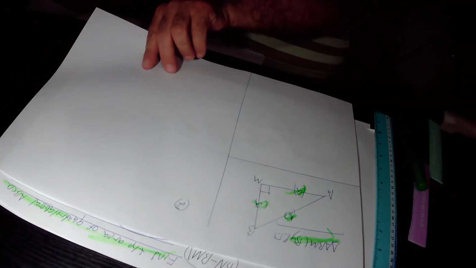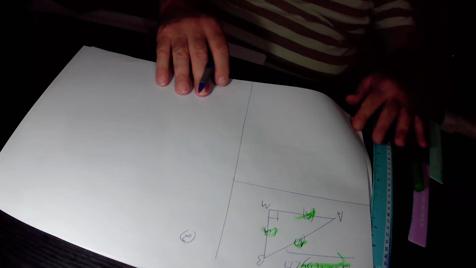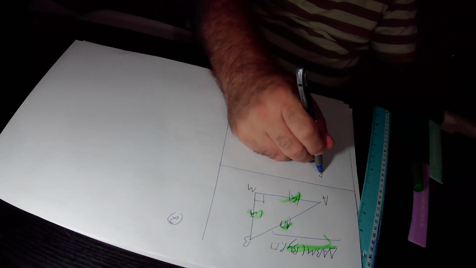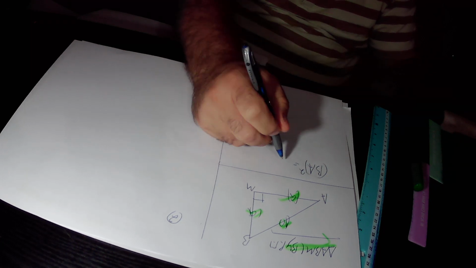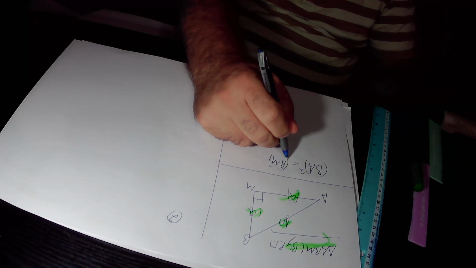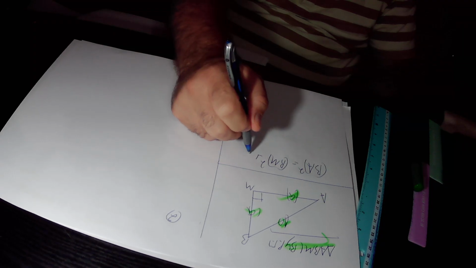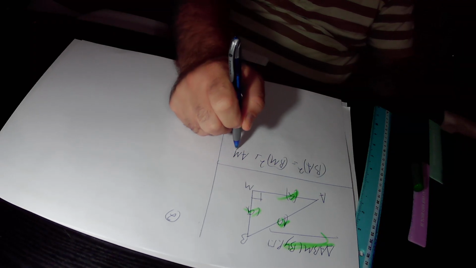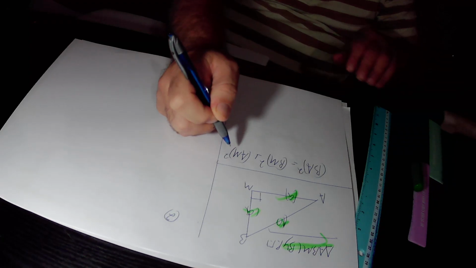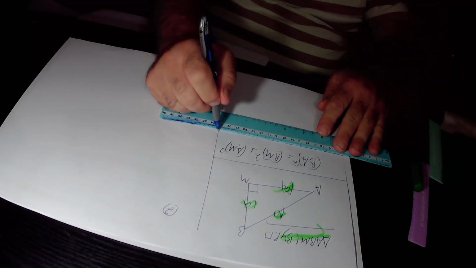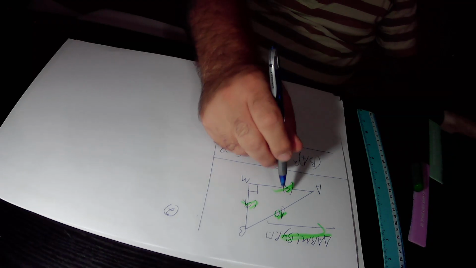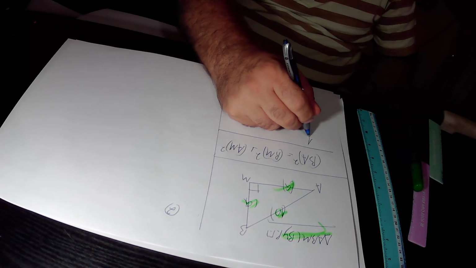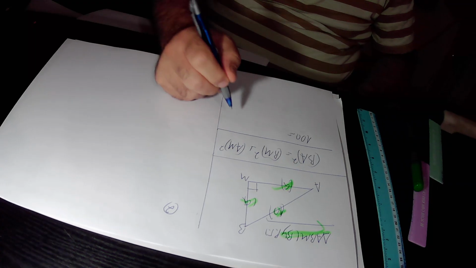BA squared, that is the square of the hypotenuse, equals BM squared plus AM squared. BA is 10, therefore BA squared is 10 squared, that is 100. And it equals BM squared.